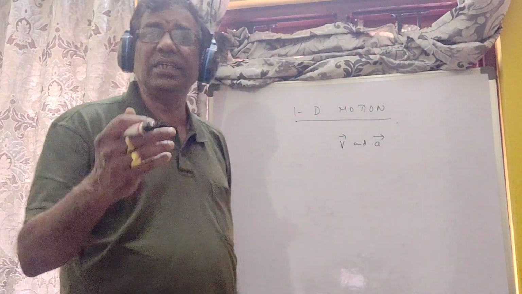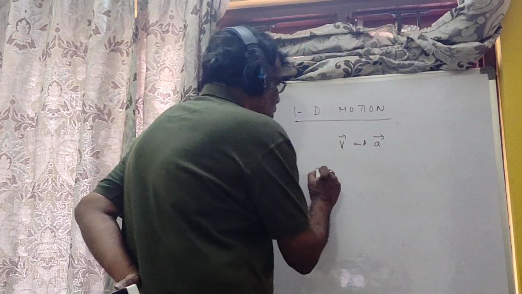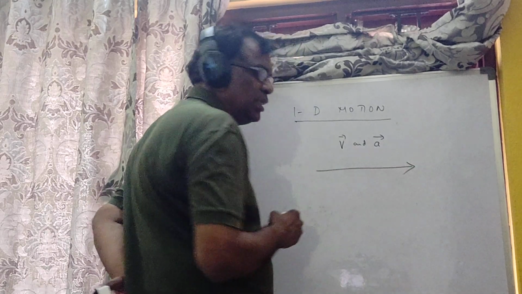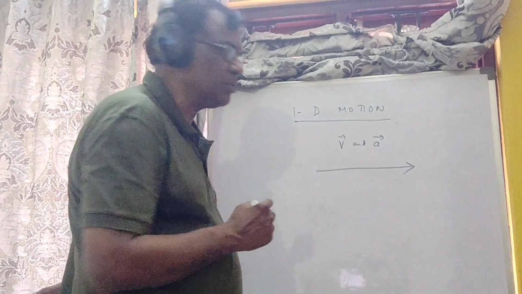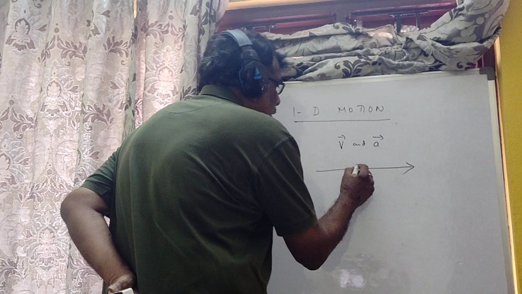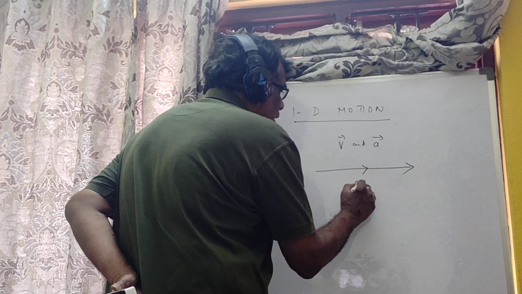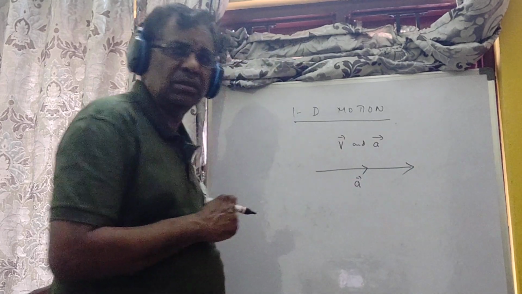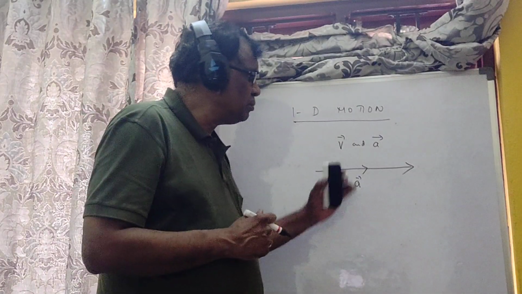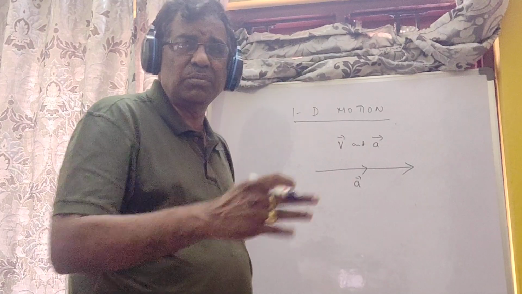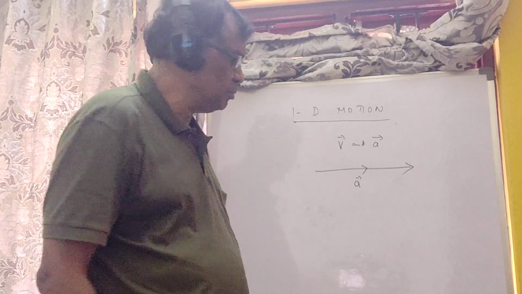What do you mean by the same straight line? Suppose this is how the velocity is in a particular case. Now, at the same instant, suppose acceleration is also in the same direction. So what will happen? The magnitude of velocity may go on increasing, but its direction will not change.